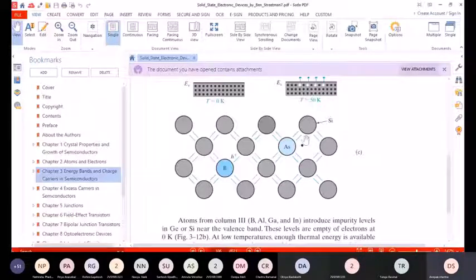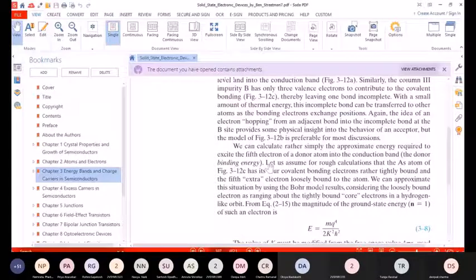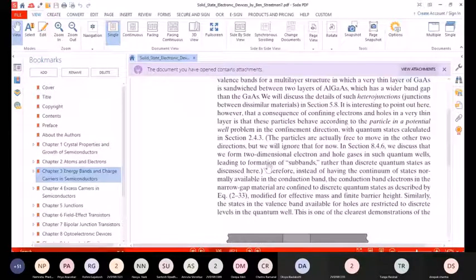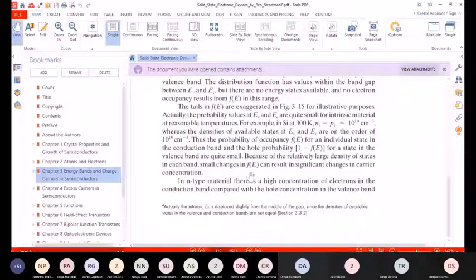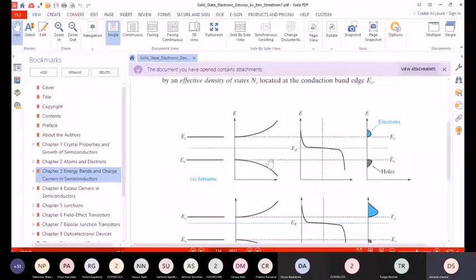So it becomes a donor ion, and boron tries to take one electron, hence it becomes a negatively charged ion. So this is just a quick revision for you all.